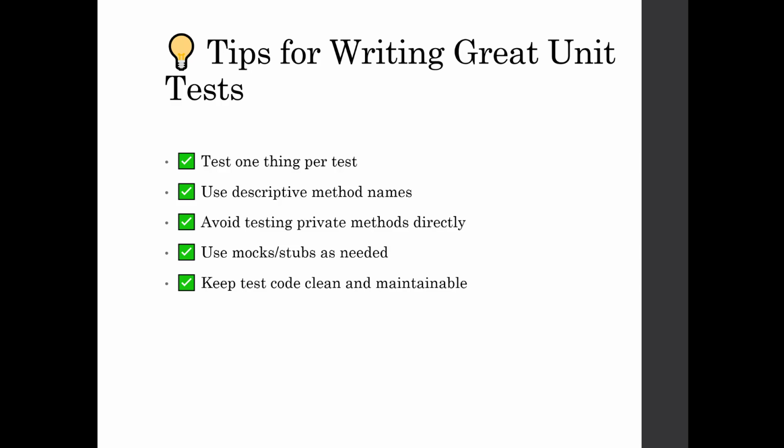So if the method is private, think about how it is being accessed. Is it through a public API? Is it through some other getter setter type environment in your code? Only test the way that all of the other code would be accessing the method, because if you test it directly, you're not actually experiencing it the way your code base is experiencing it.